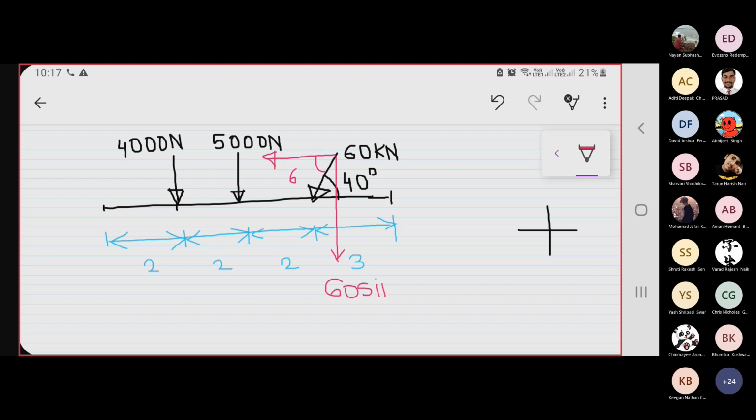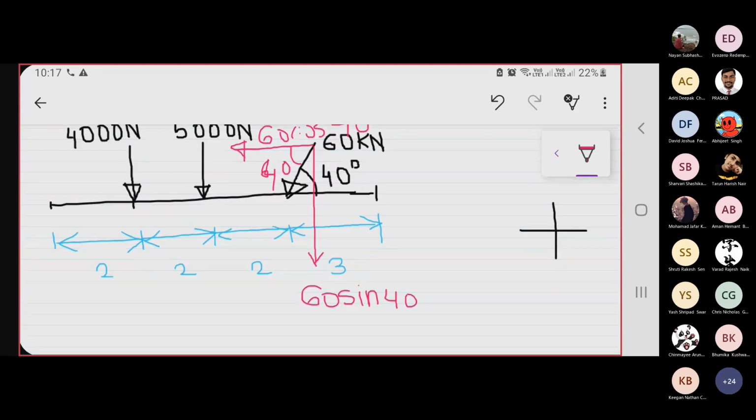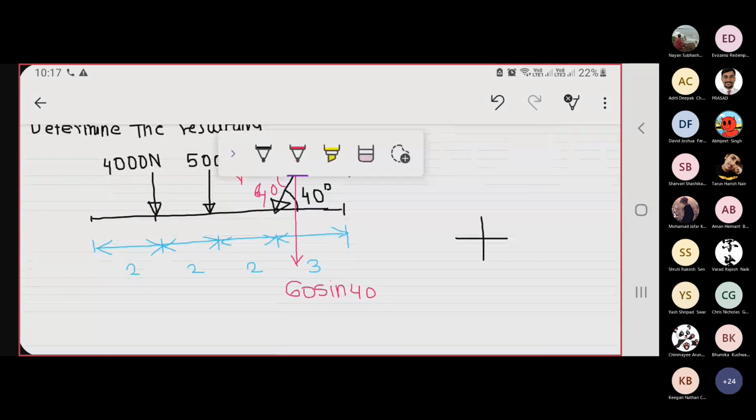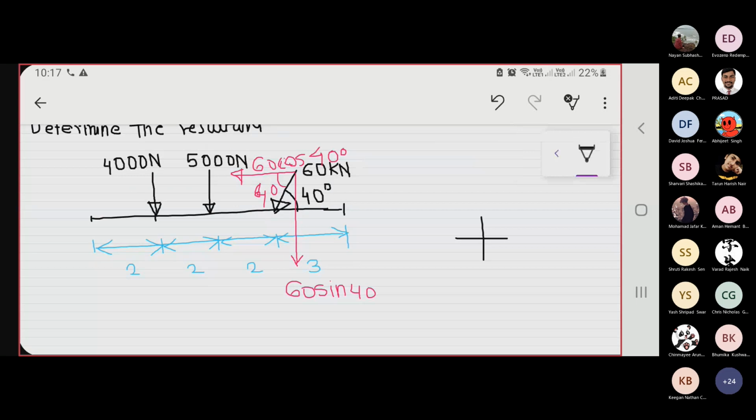Keep it as 60 sin 40 degree and 60 cos 40 degree. Simple. You have done it 1,000 times, right? So now all forces are in x and y direction.